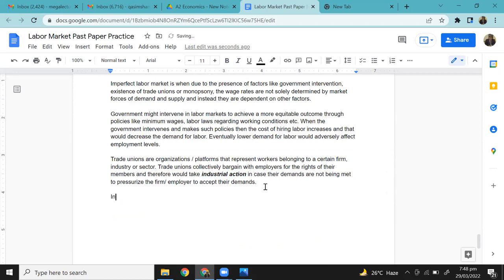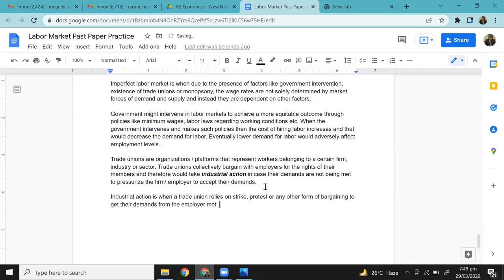It means to pressurize industry, when a trade union relies on strike, protest, or any other form of bargaining to get their demands met.